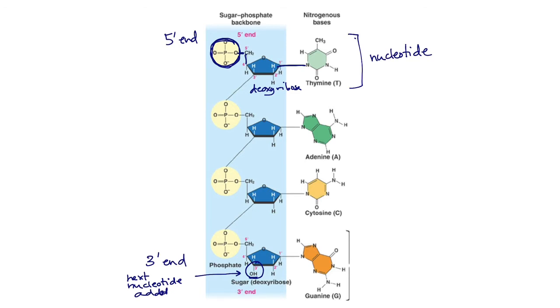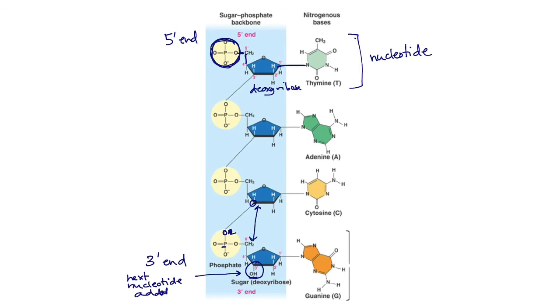A phosphate from the next nucleotide will bind here to this OH group. So you can imagine this O was formerly part of an OH group right up here on this 3' carbon, but now the hydrogen is gone. And a phosphodiester bond has formed between these two molecules.